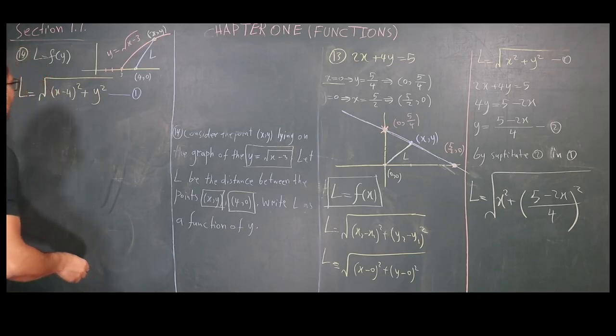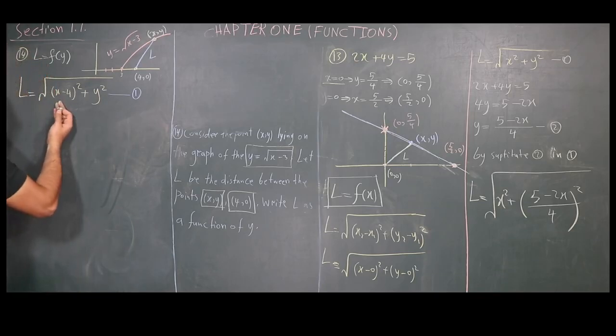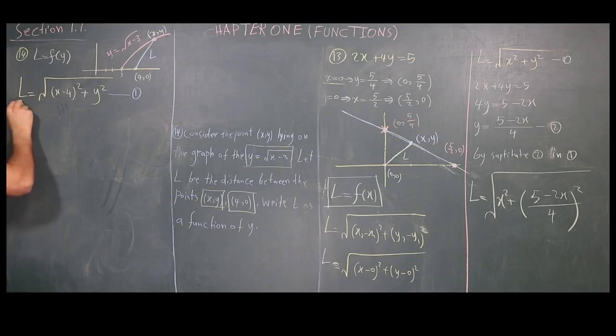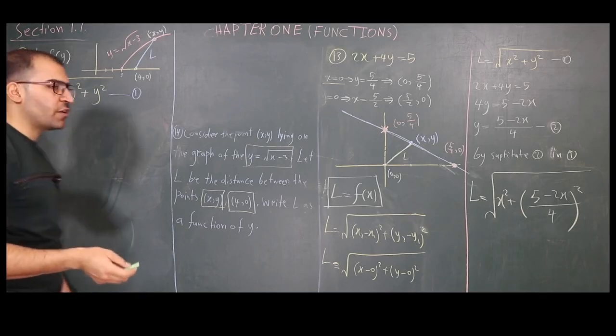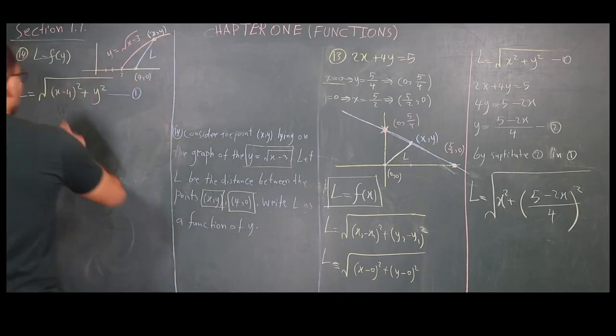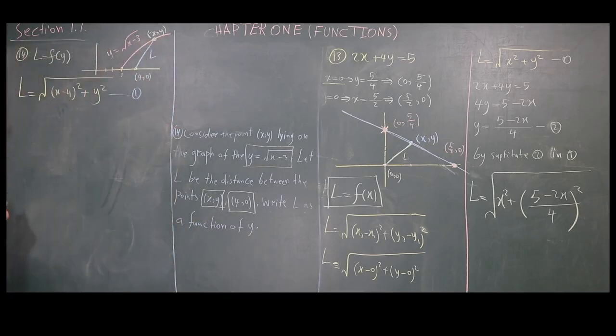And this will be the first equation, just to make our work tidy and elegant. Now we need to get rid of the x. If we get rid of the x, our problem will be easy, because I want to find L as a function of the variable y. I don't need x to exist here. So I'm going to use this one: y equal to the square root of x minus 3. I have a nice trick.